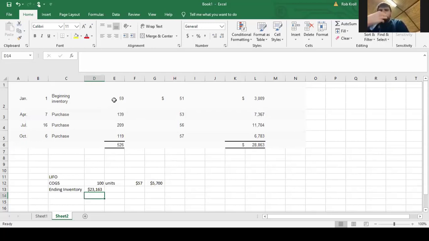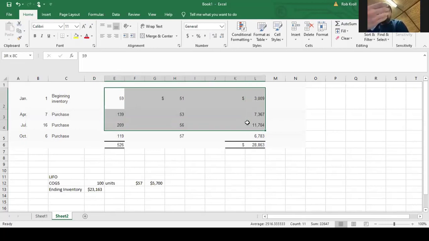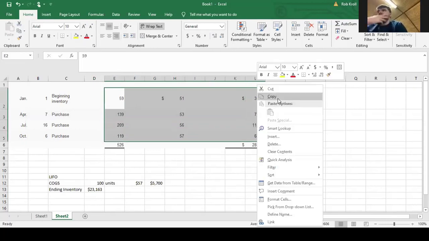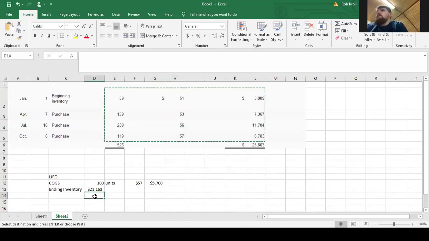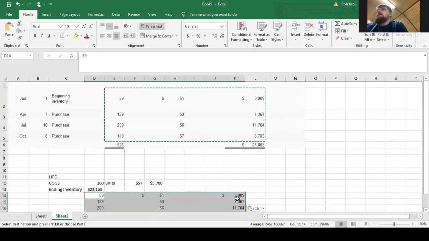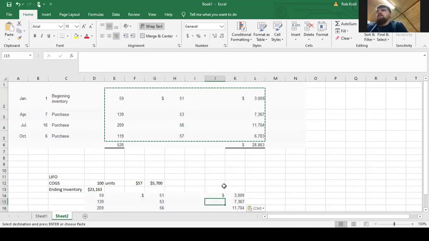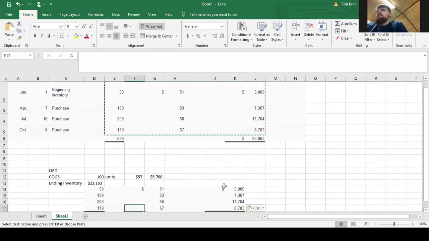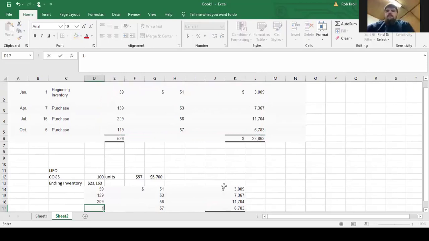I'm going to copy that for you and show you how I can double check this 23,000. But I'm not going to use on this bottom row 119. It's actually going to say how many units there are on the very bottom. 19.